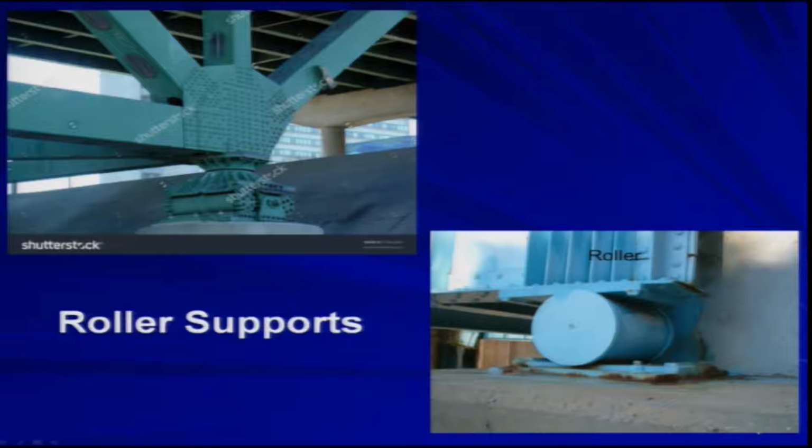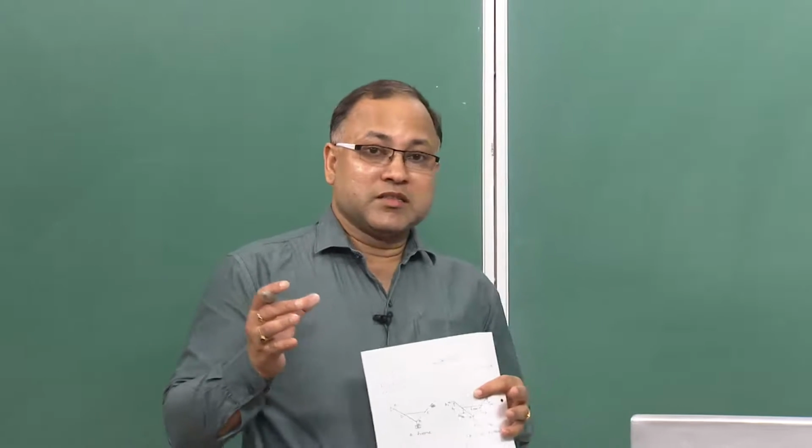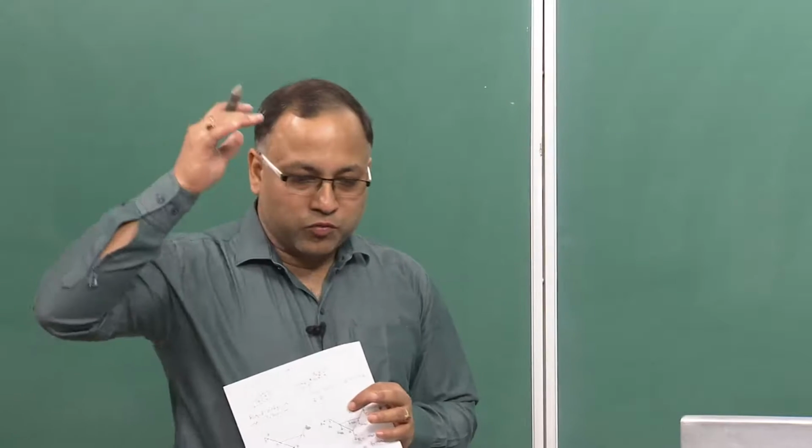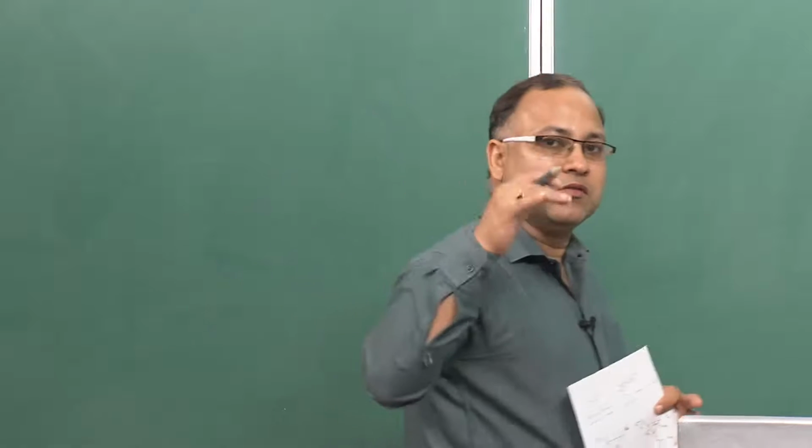This is the typical example of roller support. If you look at this, it will allow the movement in the horizontal direction, but it will not allow the movement in the vertical direction. It could be huge. It is not a small thing, right? It should sustain the load coming on that roller.